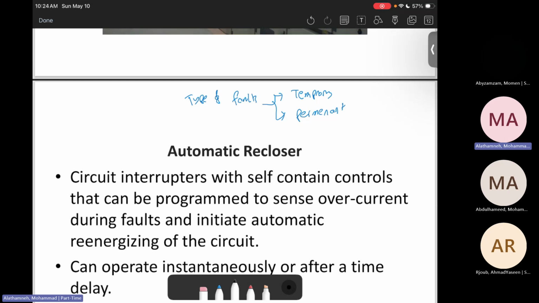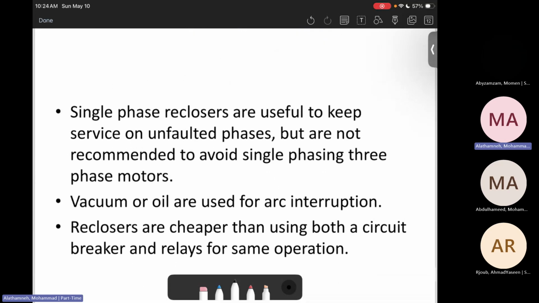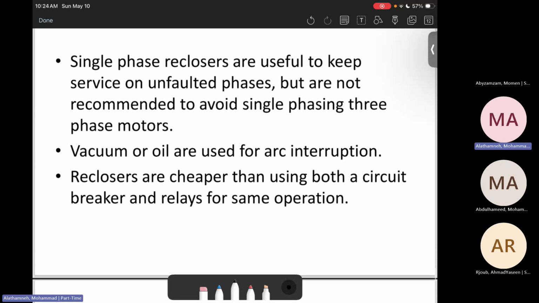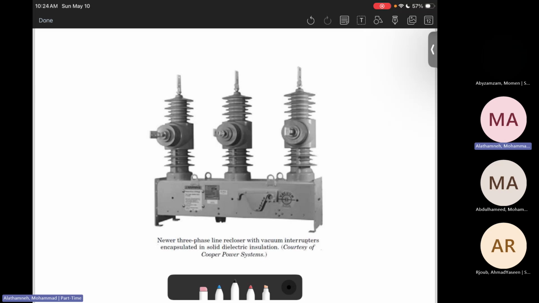Again, the recloser detects the overcurrent and automatically re-energizes the line after temporary faults, either within a very short period of time or after a time delay to let the system take its time. Three-phase reclosers protect all of the phases. Single-phase reclosers avoid single-phasing issues. So here is how the recloser looks. This is a recloser.